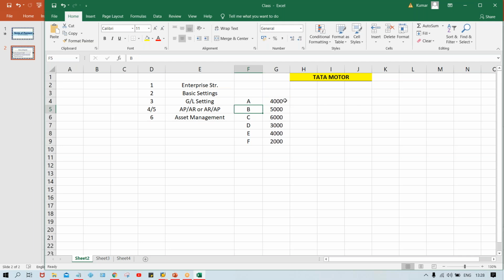Now, if you talk about the terms of payment, guys, there will be some negotiations. Who is going to make these negotiations? Purchase department. Tata Motors will be having a purchase department. So what is the work of the purchase department? The purchase department will always search for new vendors in the market, because we cannot be dependent on a particular vendor, very few vendors, or one or two vendors.